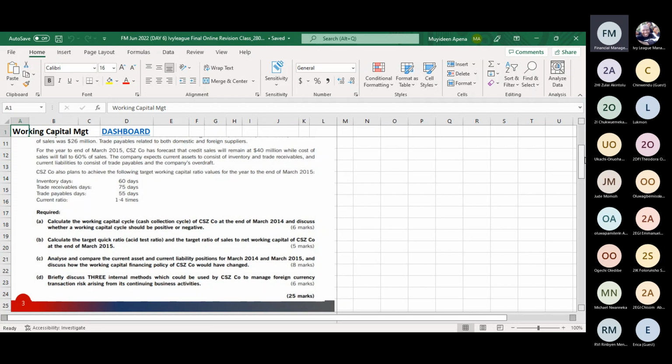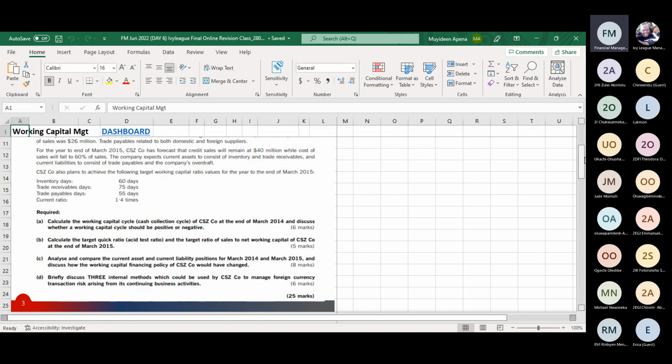Okay, so moving on. Requirement A says calculate the working capital cycle, or cash collection cycle, that's another name for it, of CSZ Co at the end of March 2014, and then discuss whether a working capital cycle should be positive or negative. That's 6 marks for us.